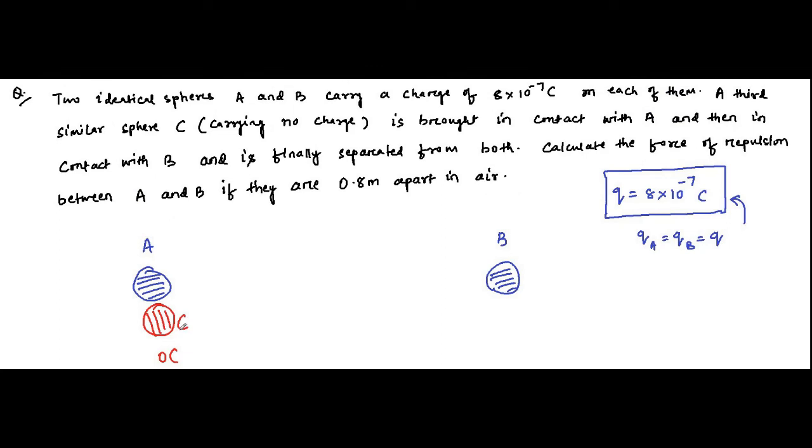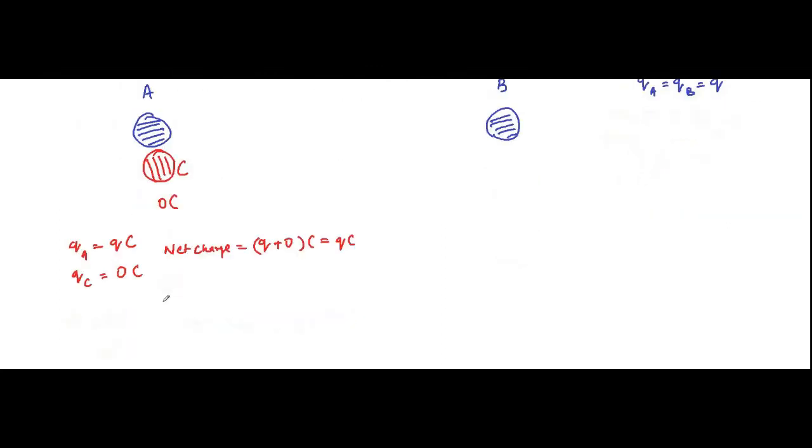Now since these two spheres are identical, though C carries no charge, charge will be shared equally. So charge on QA and QC after contact is equal to the total charge Q divided by 2, Q by 2 coulomb.